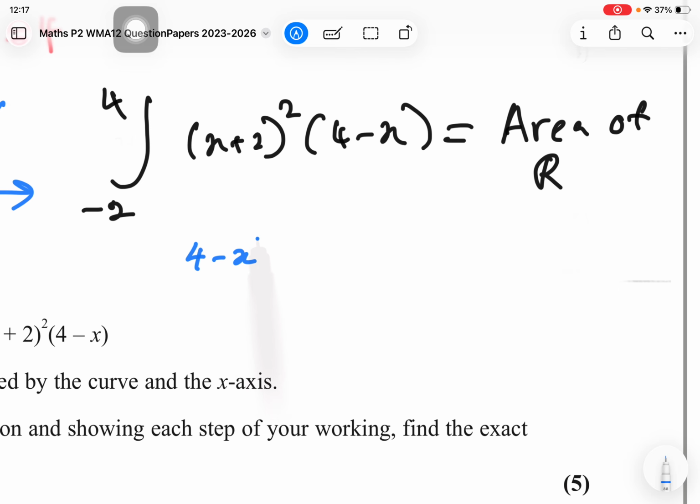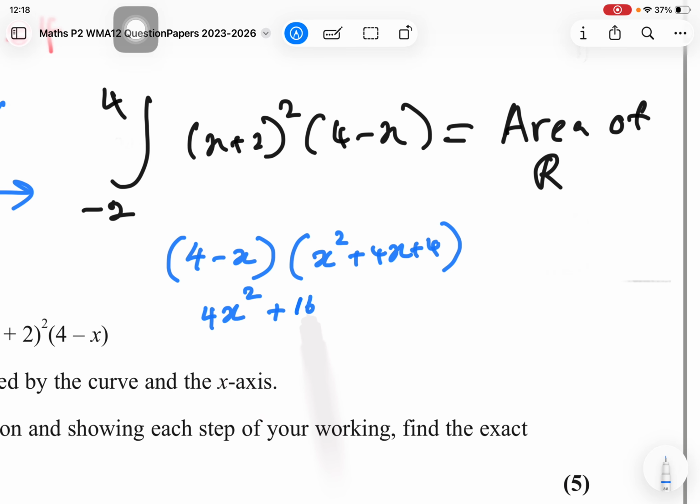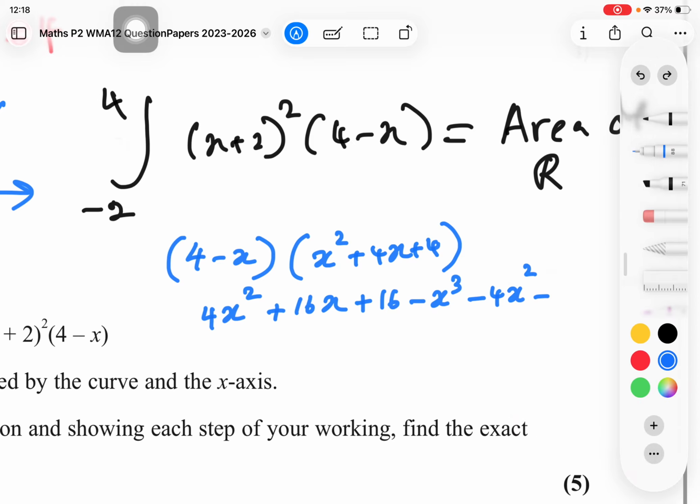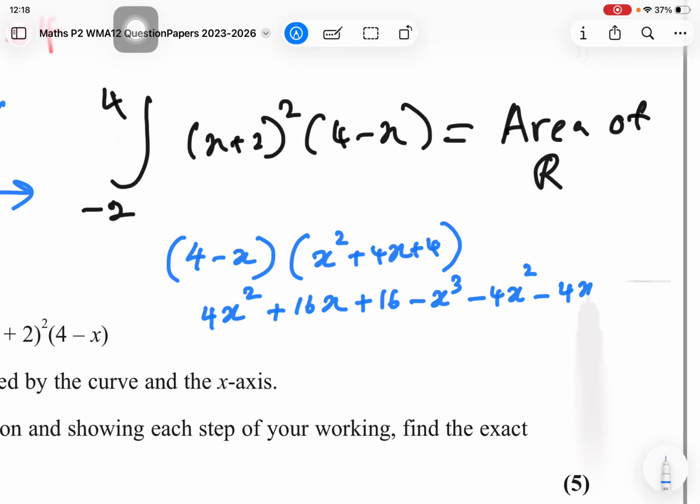(4 − x) times (x² + 4x + 4), that gives 4x² + 16x + 16 − x³ − 4x² − 4x. Once we simplify it, we get −x³ + 12x + 16.